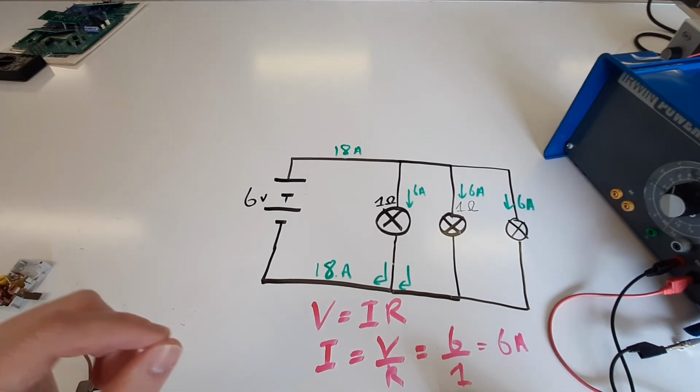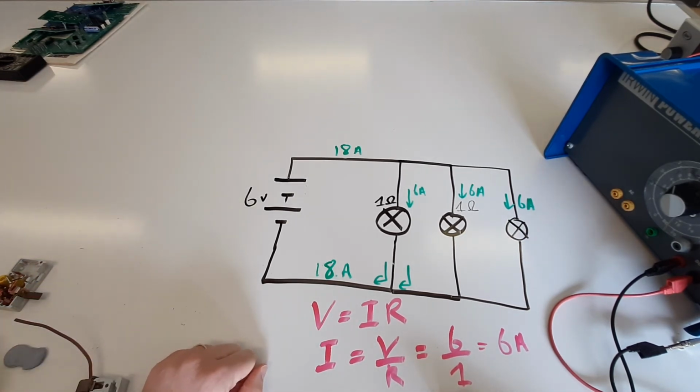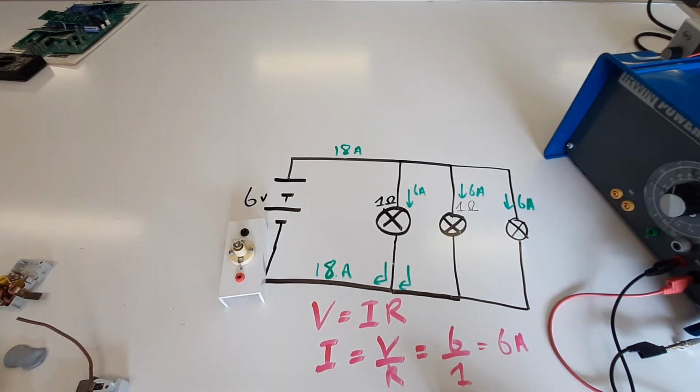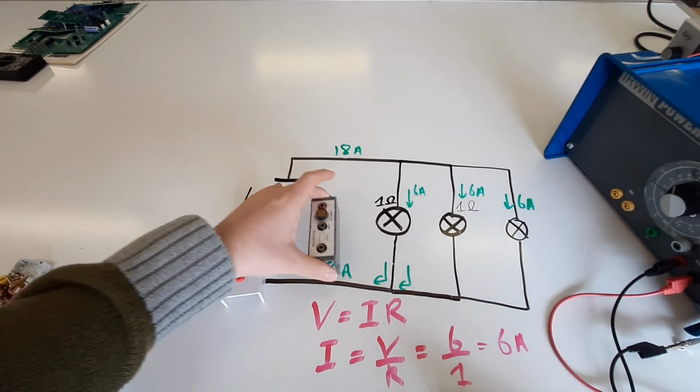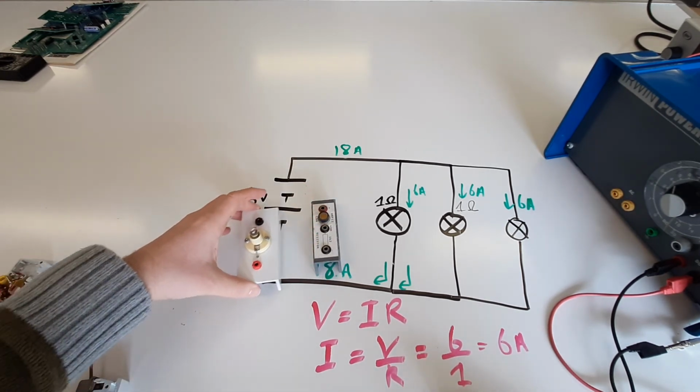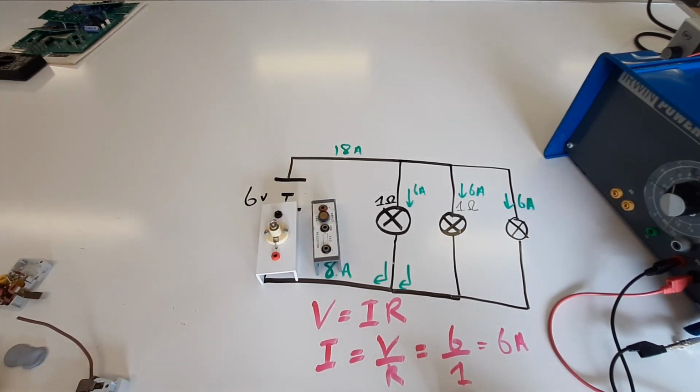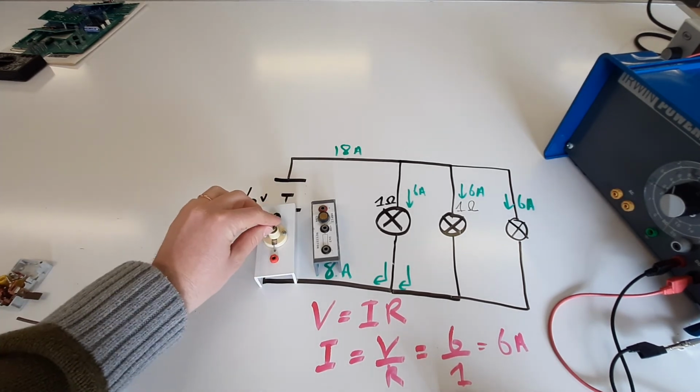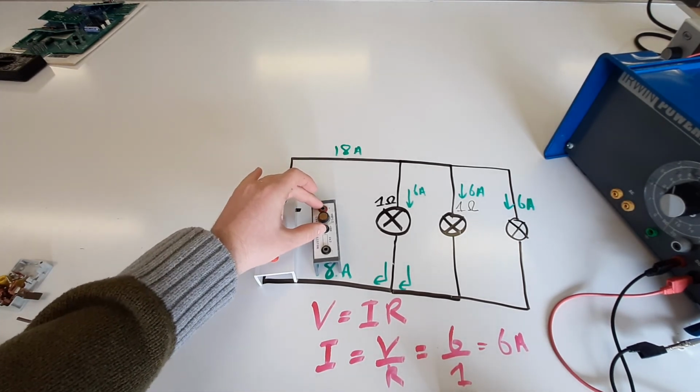There is one more problem with this one though, when you're looking at potential dividers. Now, I was trying to set up a potential divider using a light bulb and this thing here, and there was a big problem with it, because this needs to be in parallel with the LDR there.